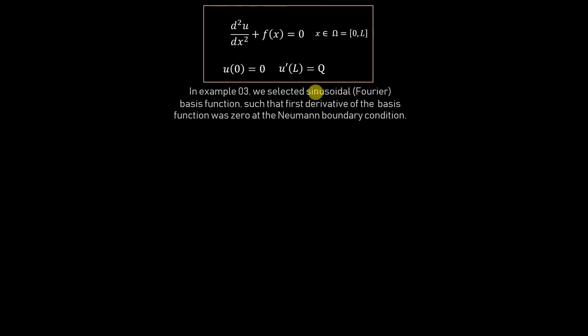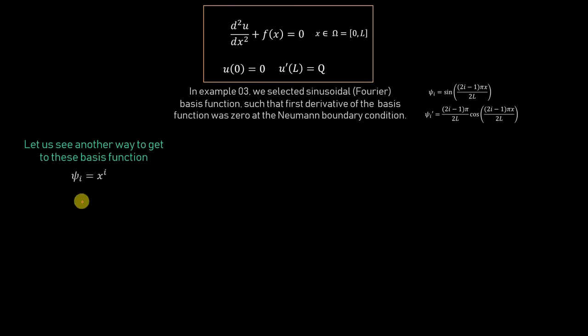Previously we selected a Fourier basis function that looked something like this. Can we work with the normal power series or the polynomial basis? So we choose these basis functions, x to the power i. Now we just choose a dimension of 3 right now, and we calculate the first derivative of the trial solution.